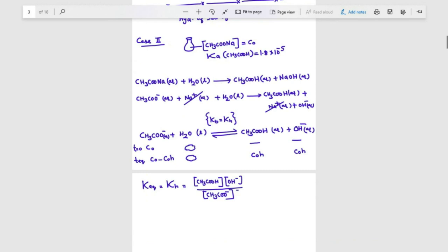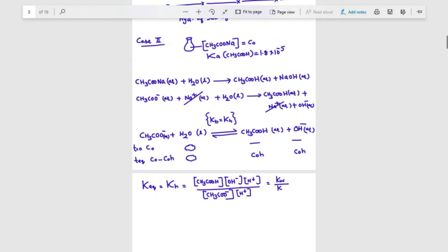If I multiply and divide the numerator by the H plus ion concentration, we know that H plus into OH minus in water is always equal to Kw, irrespective of what is present in water. And if you simplify this, when acetic acid dissociates, it forms acetate ion and H plus ion.